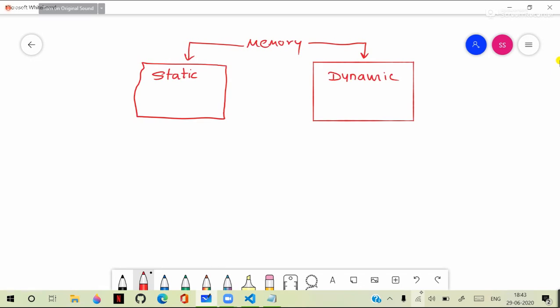I will tell you. Suppose we have a class, some class A. In this class, we have members. One is a static member, S is equal to 0, and a non-static member, N is equal to 0.